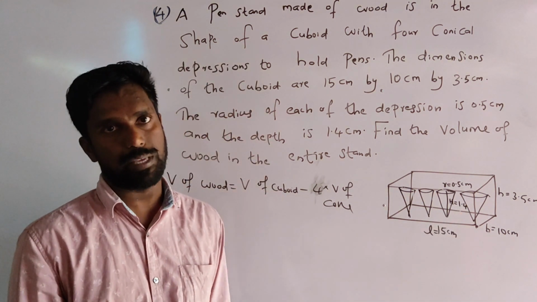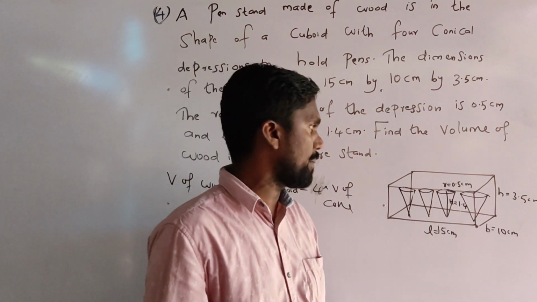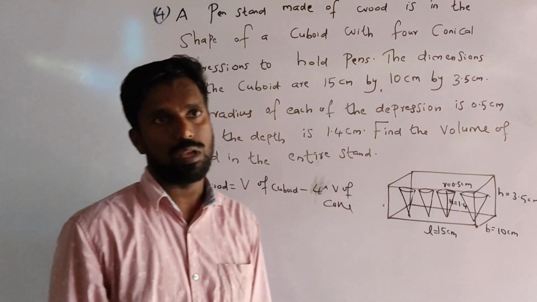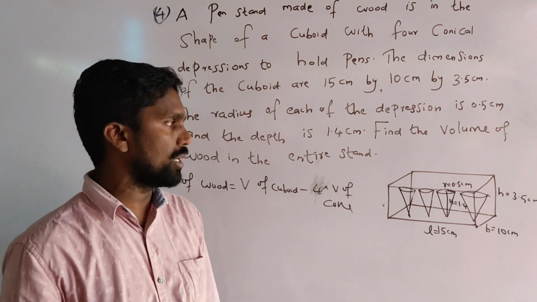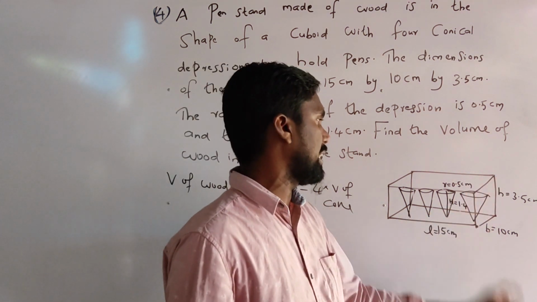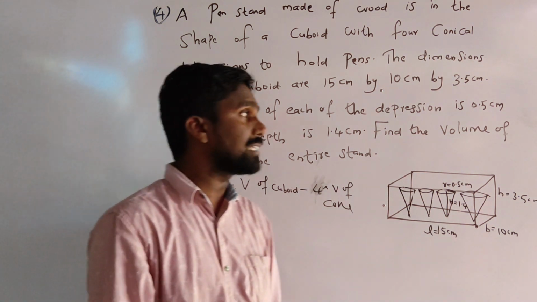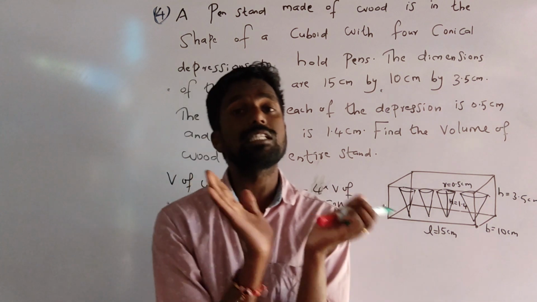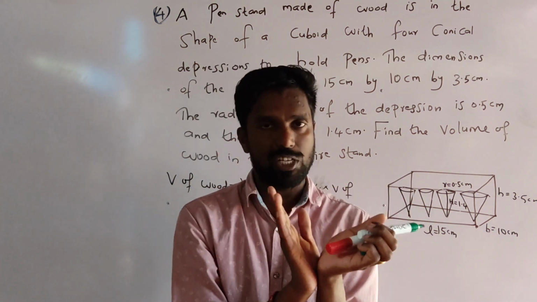So two separate heights are coming. That's why we are doing it like this. Why are we subtracting? Because volume of wood, balance wood volume, you have to find out.